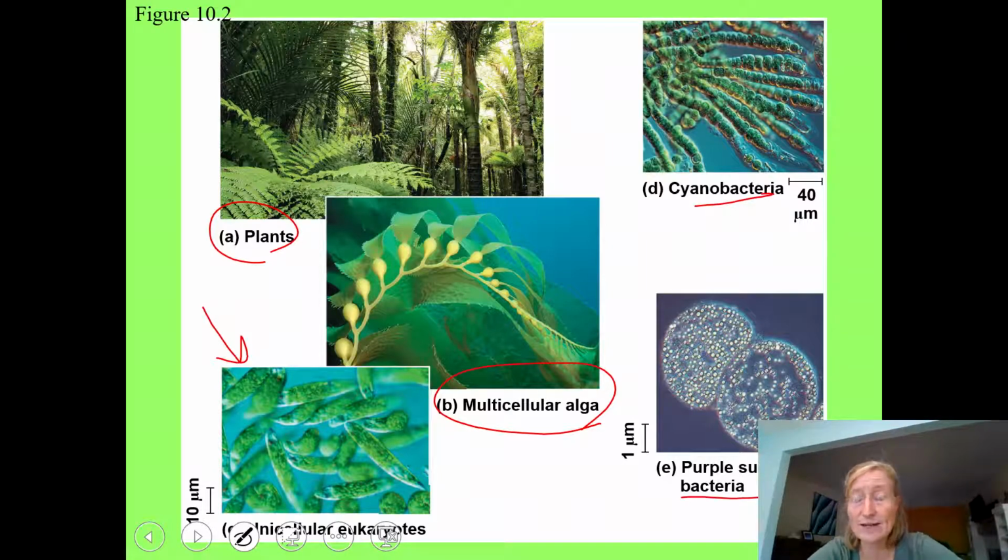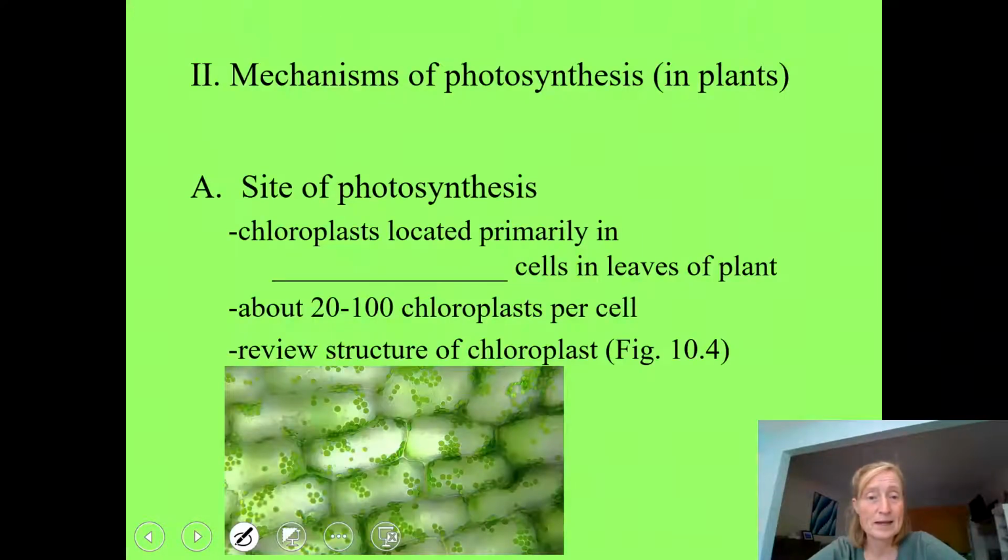They don't have chloroplasts, where photosynthesis happens in eukaryotes, but they have the equipment to do photosynthesis. They were probably our earliest photosynthesizers, these single-celled bacteria doing the work of photosynthesis, making sugars from carbon dioxide and producing oxygen as a byproduct.